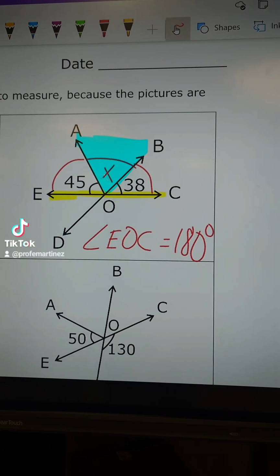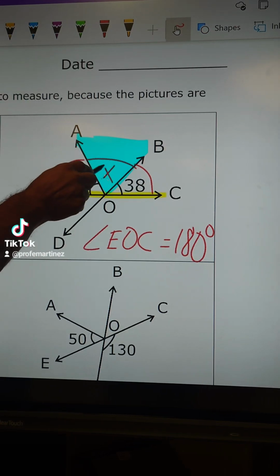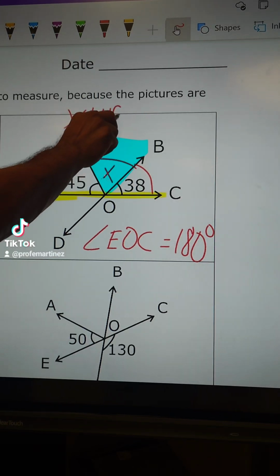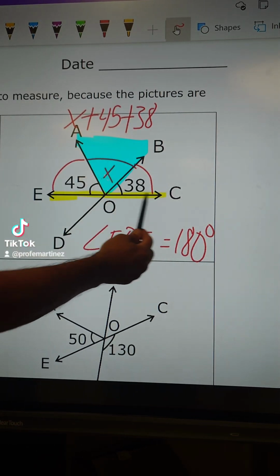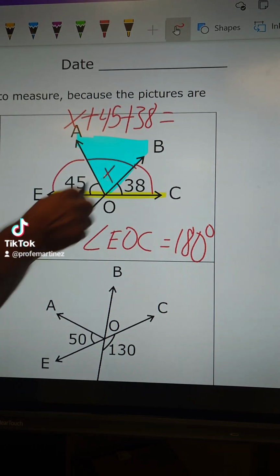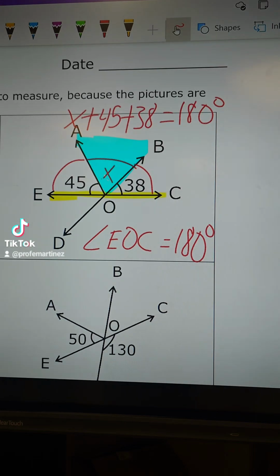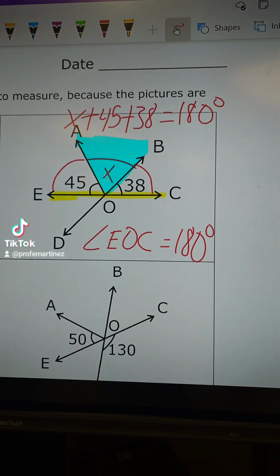And so if this line is 180 degrees, you can say, well, then X plus 45 plus 38 will equal EOC, or 180 degrees. And then you would just solve it as an equation. And so you would add these two together and then subtract from 180 to get your answer.